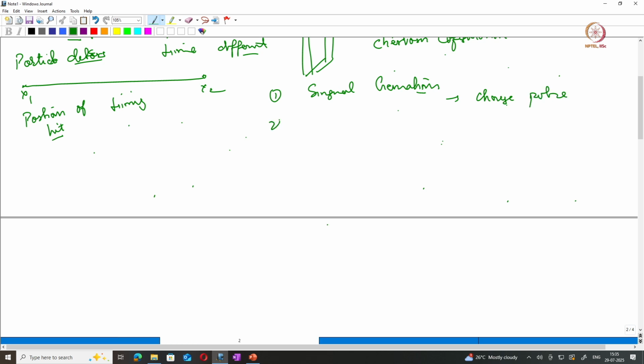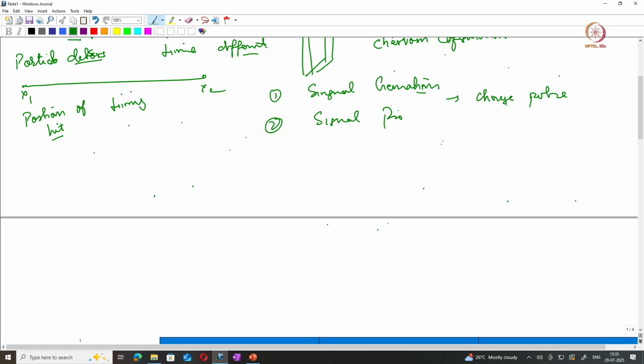The second is that the generated signal has to propagate. The signal propagates along the delay line, which is typically a conductive wire, towards the two ends of that delay line, x1, x2 or y1, y2.